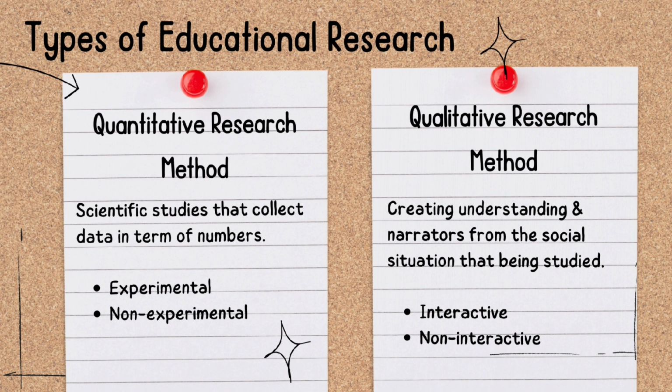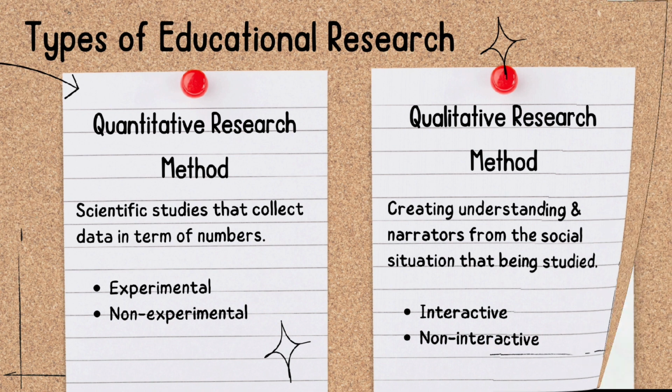And the second type is the qualitative research method. The qualitative research method consists of creating understanding and narratives from the social situations that are being studied, such as interactive and non-interactive.